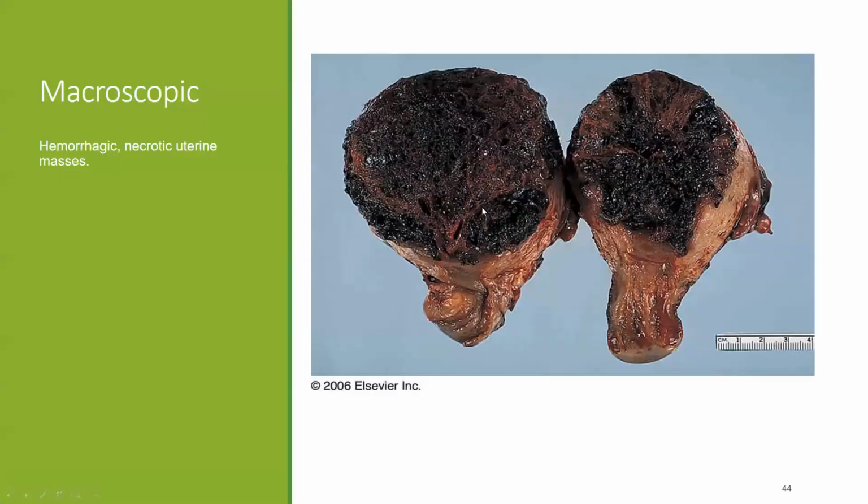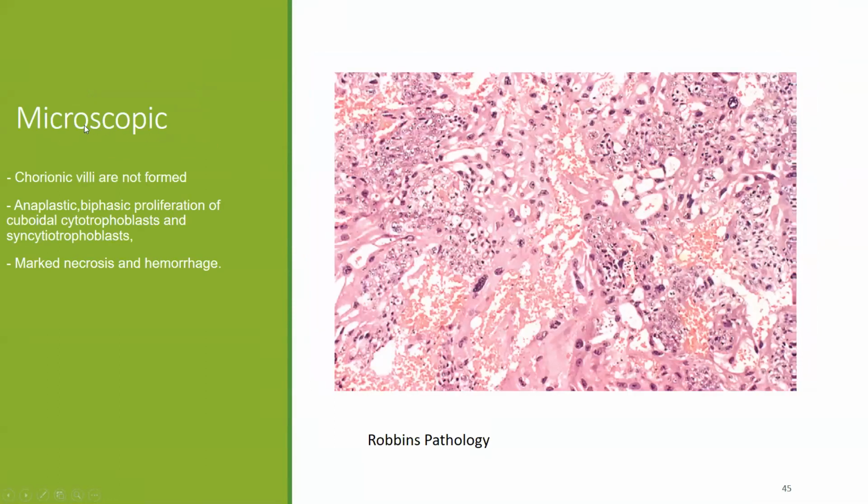So choriocarcinoma is a very malignant tumor with necrotic, bloody tissue. And if we go to the histopathology of choriocarcinoma, we see both malignant cytotrophoblast and malignant syncytial trophoblast.